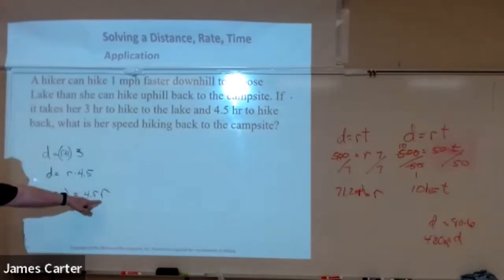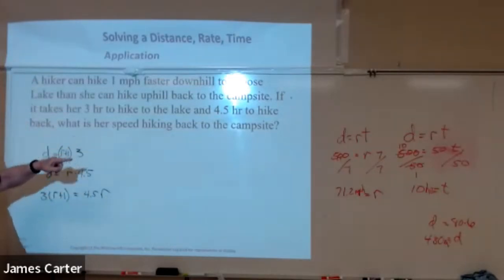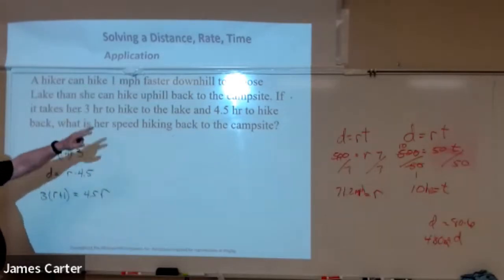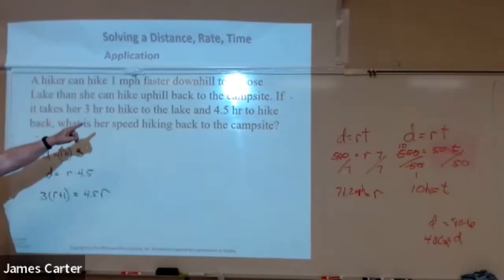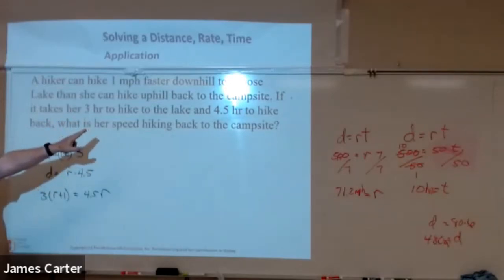R will be the speed going, in this case, uphill, and this will be the speed going downhill. Okay, our variable is the one they didn't tell us anything about. They didn't tell us anything about the speed uphill.